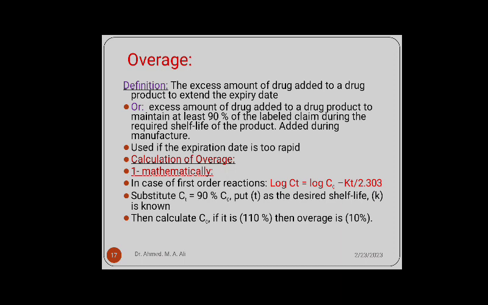Calculation of overage, it can be calculated mathematically. In case of first order reaction, log Ct equals log C naught minus Kt over 2.303. We can substitute Ct by 90% and C naught will be 110%. This is the overage. The overage is 10%.